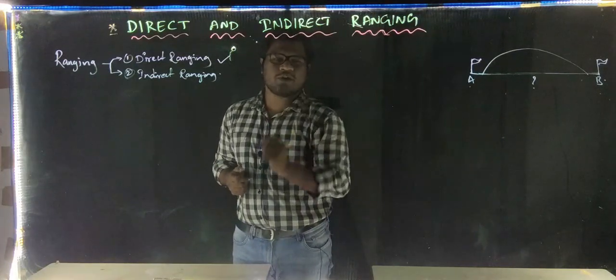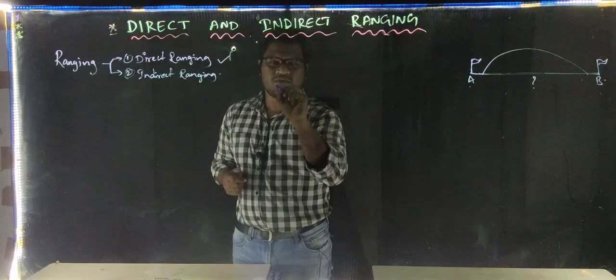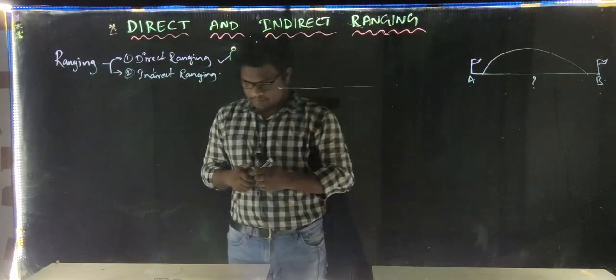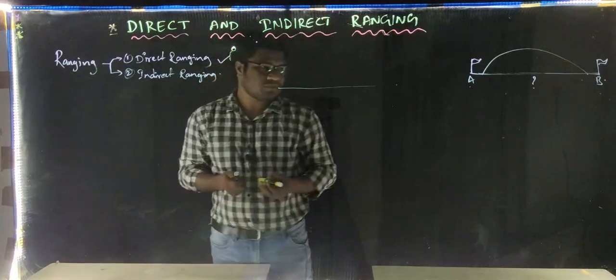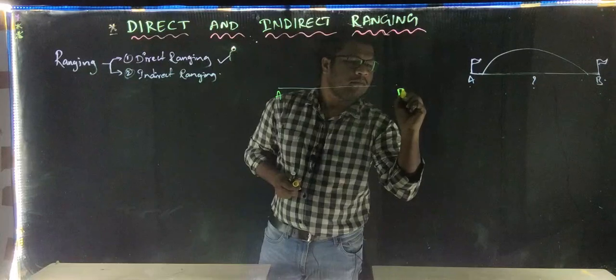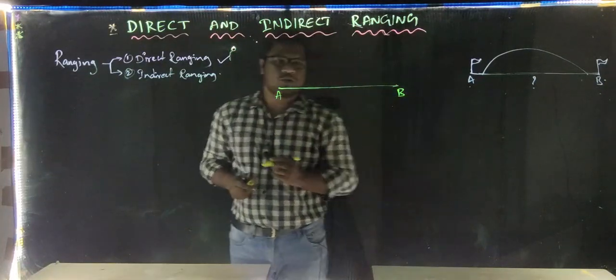In ranging, we establish intermediate stations for easy measurement of distance between two points. For example, here A and B are the two stations.